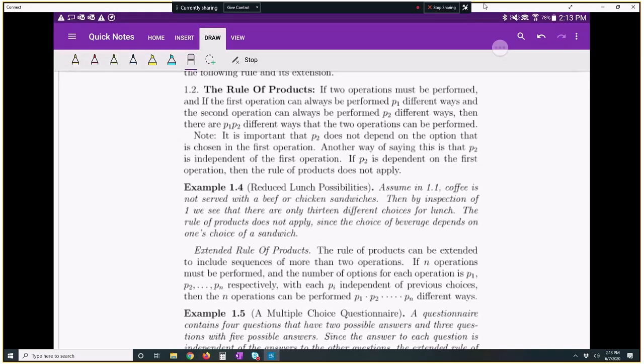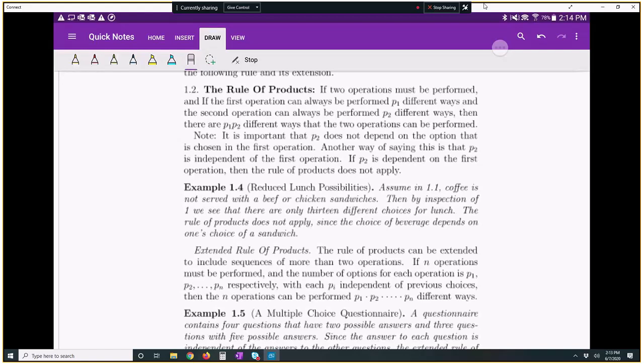It's important here that this number p sub 2 for the second operation doesn't depend on the option that's chosen at first. So another way of saying that is that p sub 2 is independent of the first operation.